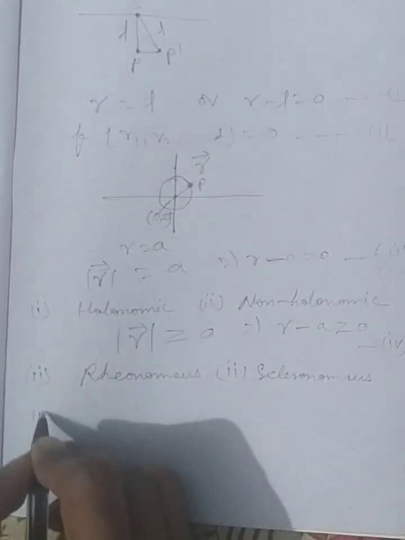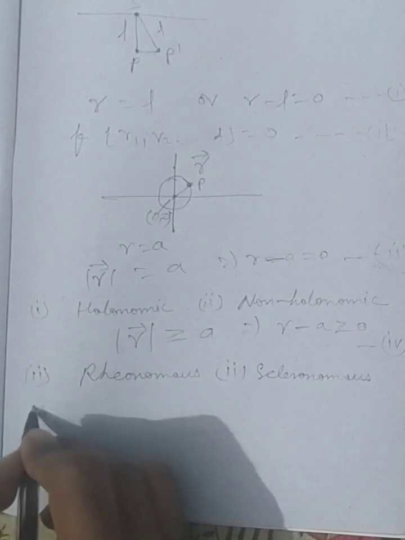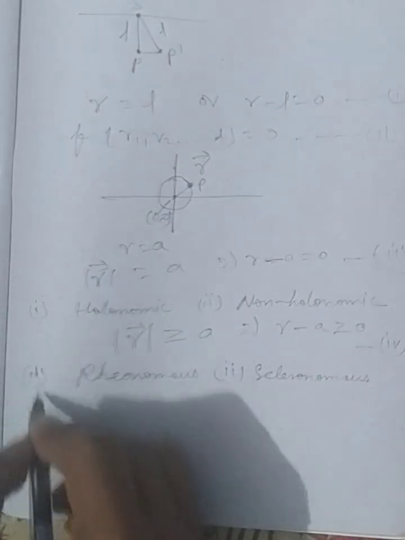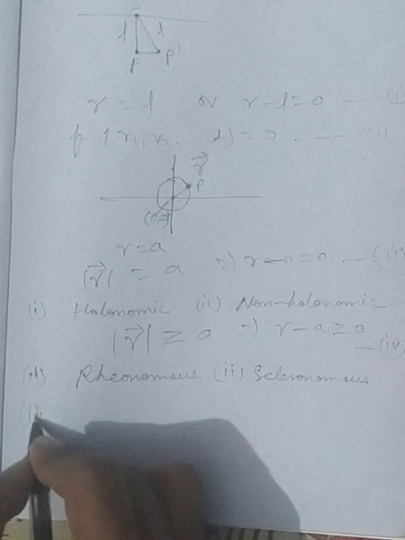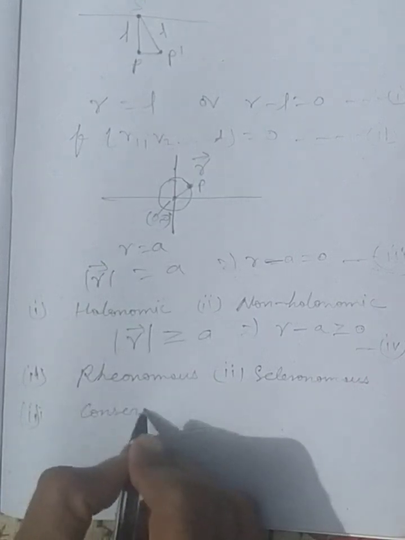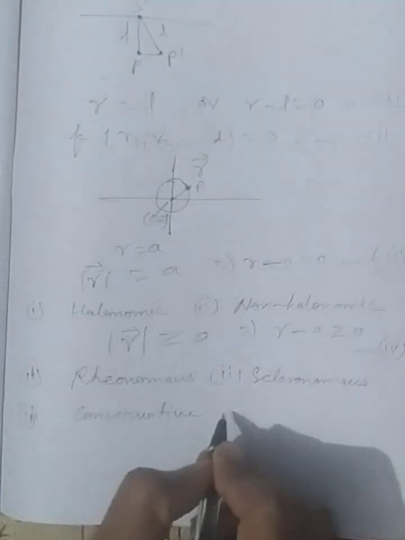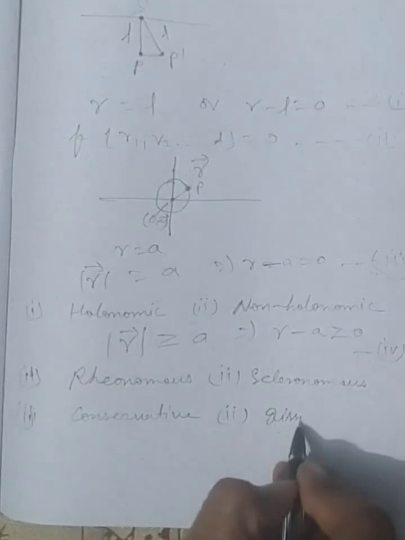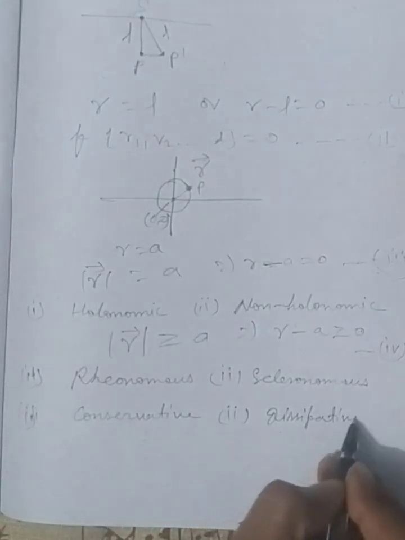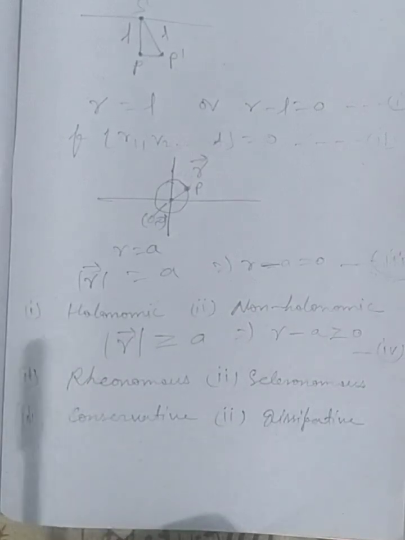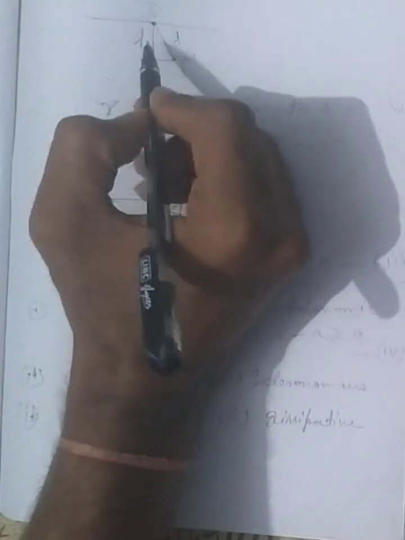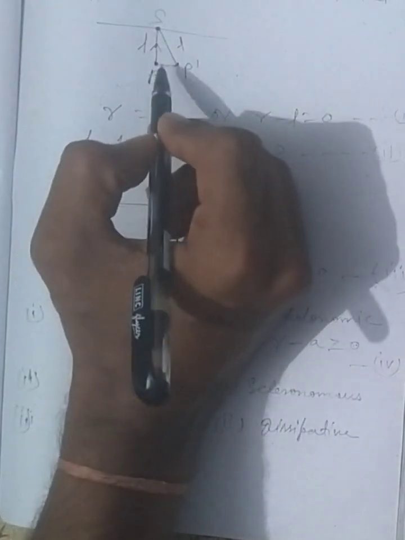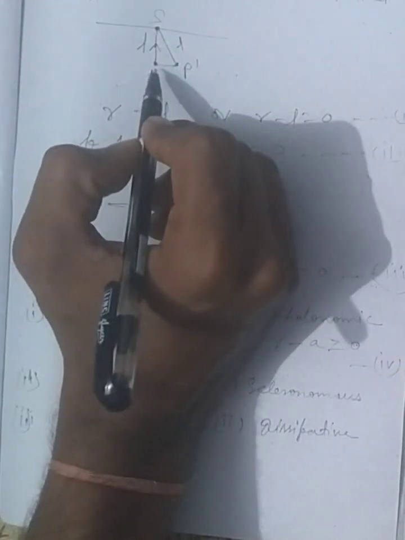Again, one more classification is given by conservative and non-conservative, or dissipative, we can say here. So again, we know that a constraint has some force. Like here, the constraint force is the tension force of the string by which the point mass is suspended.